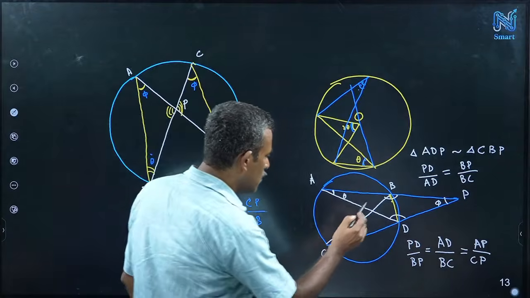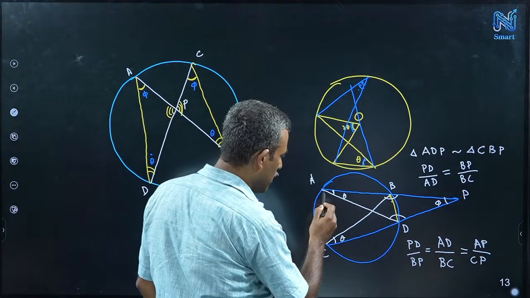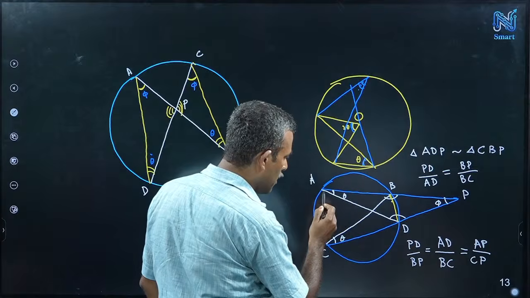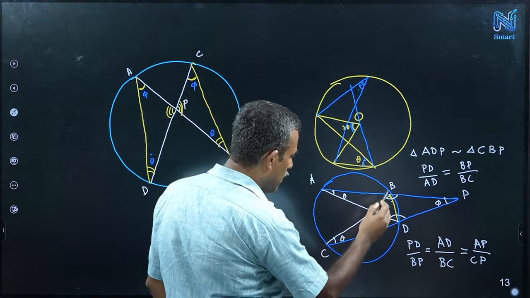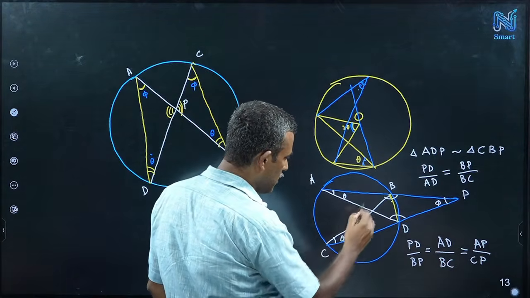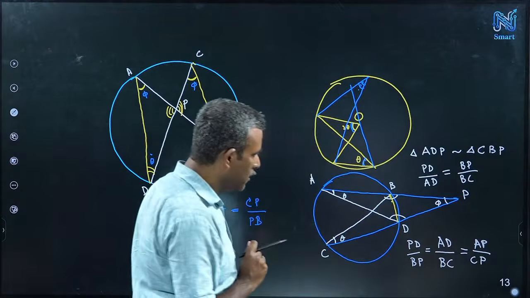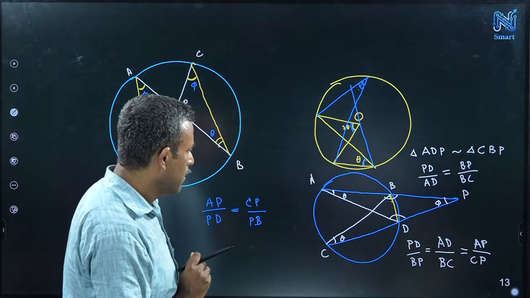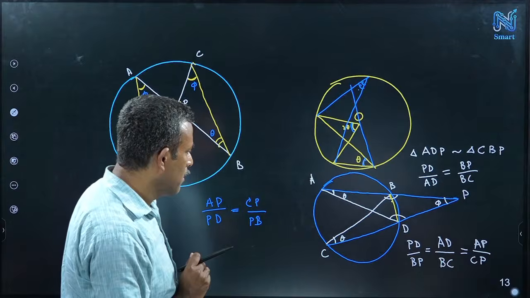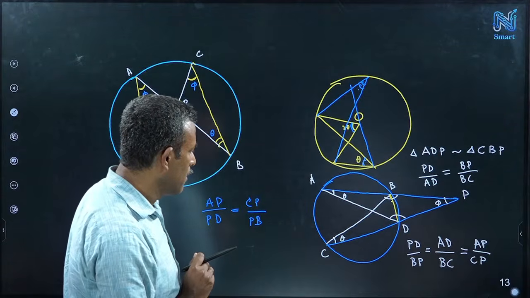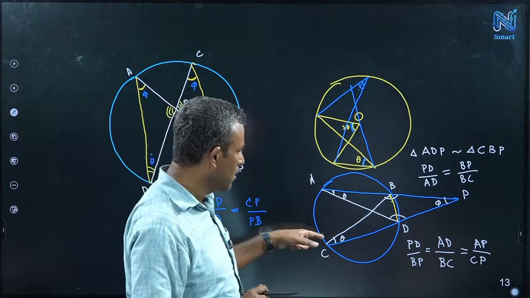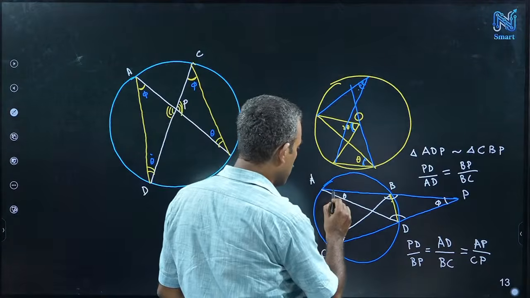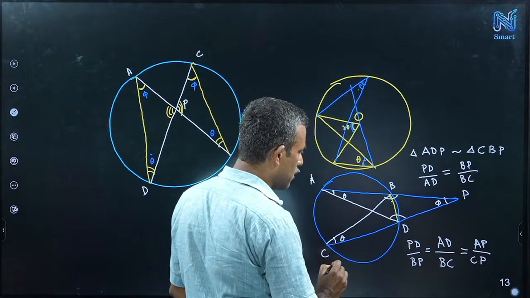Right. Now these two triangles, ABD and CBD, you have to join this one. So this angle is equal to this angle.